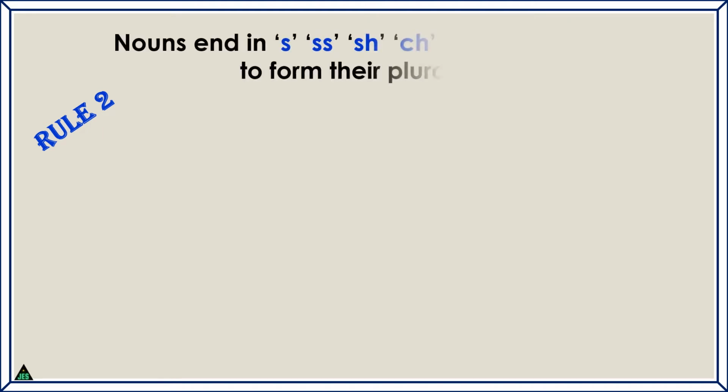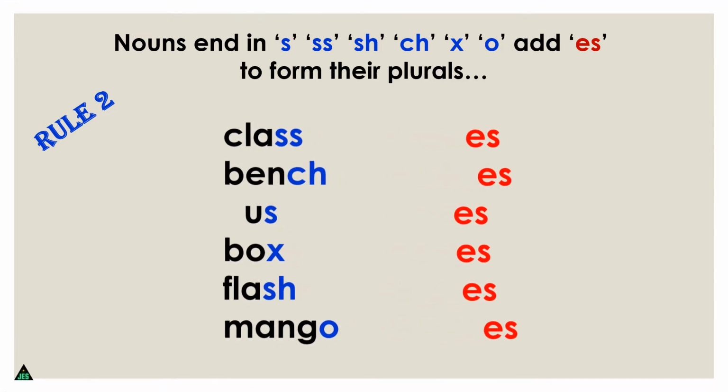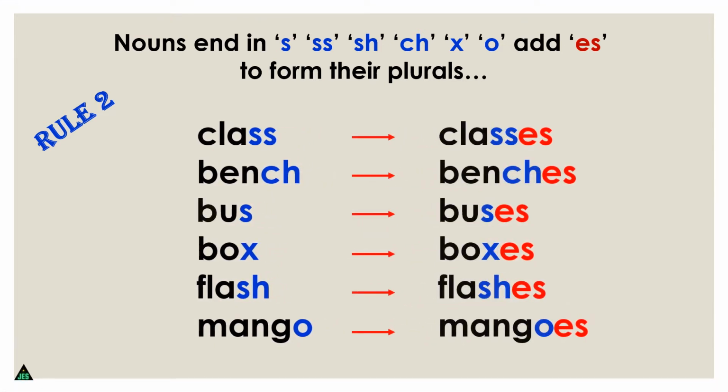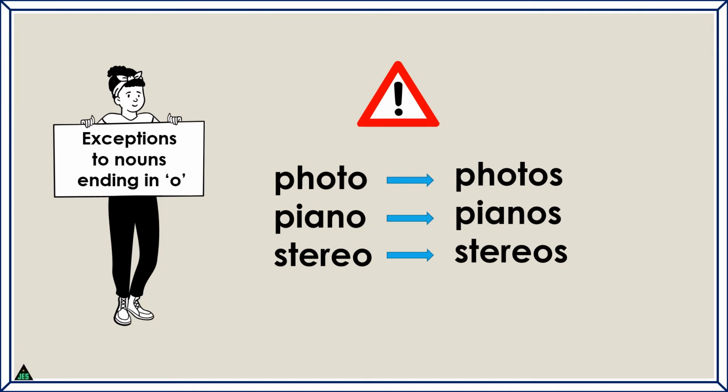Nouns ending in s, ss, sh, ch, x, o, form their plurals by adding e and s at the end. However, there are exceptions in this rule.